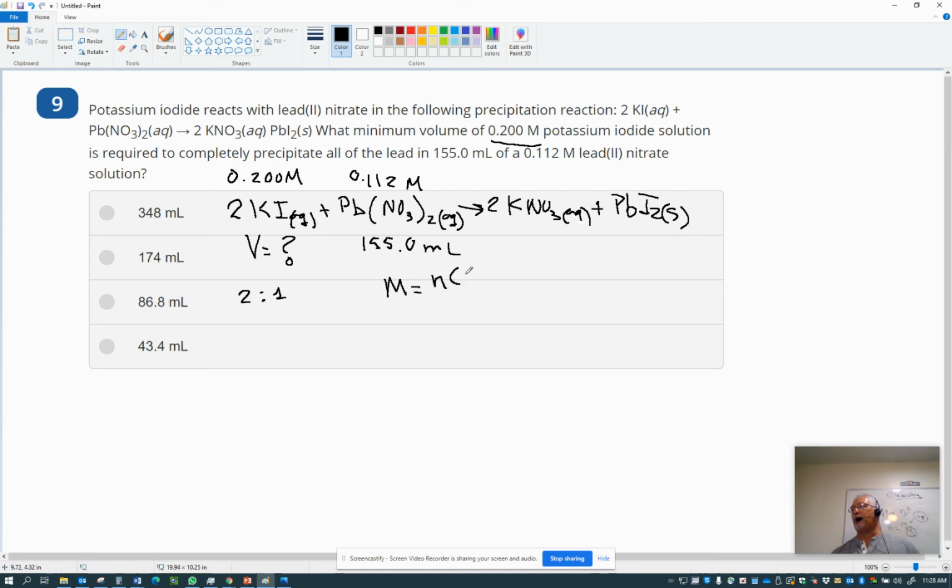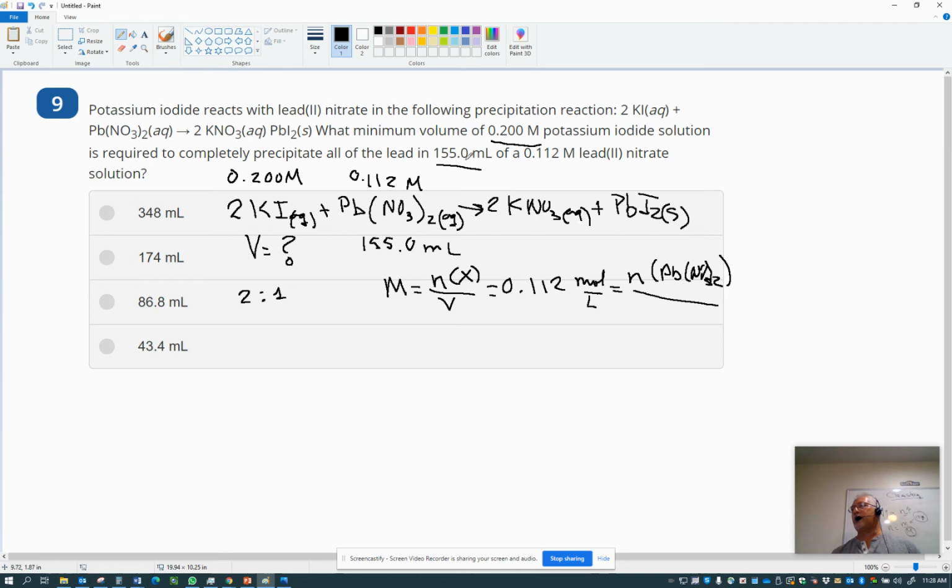So the first thing is using the molarity formula. Molarity is the number of mole of any substance X over volume. Here they gave you the molarity already, 0.112. Don't forget the molarity is mole over liter, or you can represent it by capital M. We need to find how many mole of lead 2 nitrate we have in 155 milliliter.